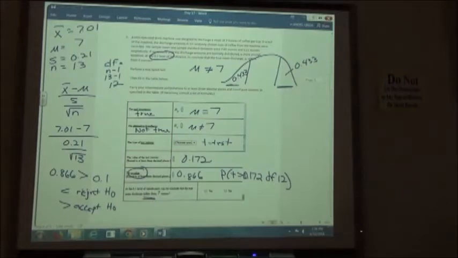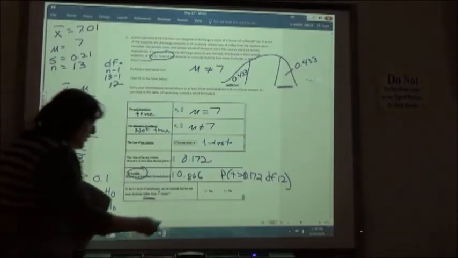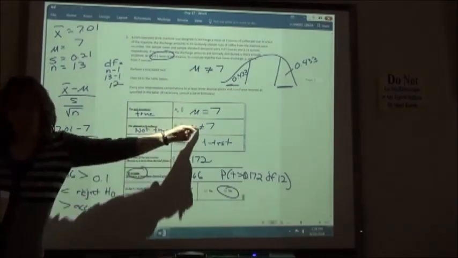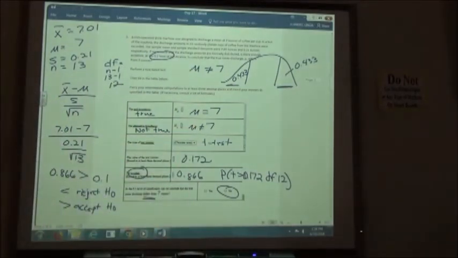Which one was our true statement? The true statement was that it equals 7 ounces, right? So we can't say that it differs because it's equal to 7 ounces. No, we can't say that it differs. That one was not true, the differ one. I know these are tricky.